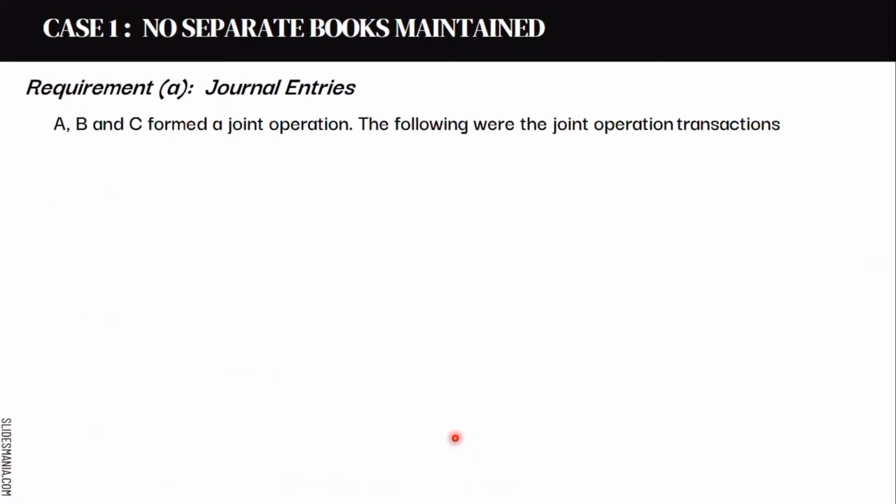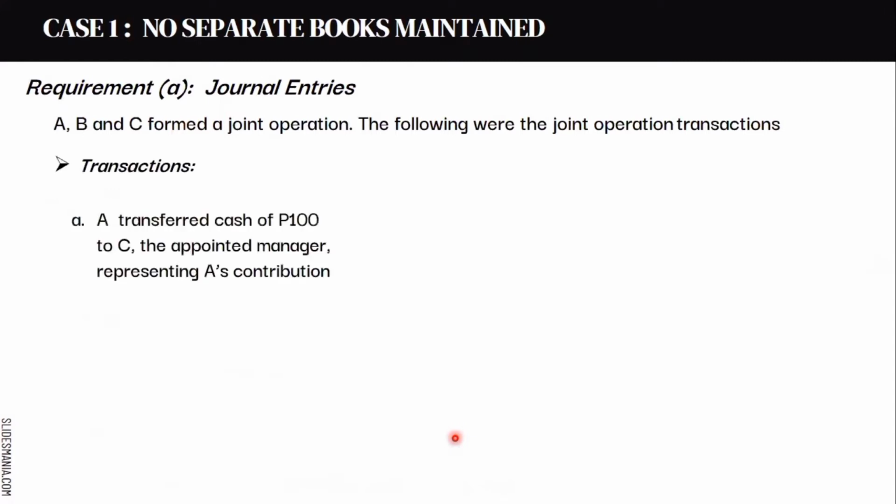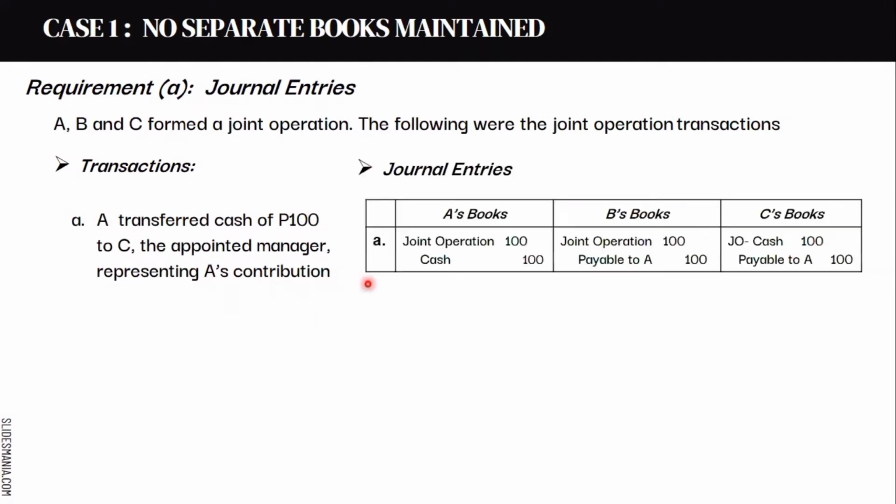So, A, B, and C form a joint operation. The following were the joint operation transactions. So, transaction letter A. A transfers cash of 100 pesos to C, the appointed manager, representing A's contribution. So, anong journal entry natin dyan? Sa libro ni A at ni B, nag-debit sila ng joint operation account na 100 pesos.